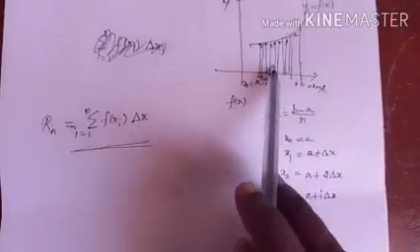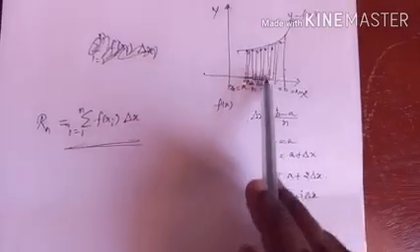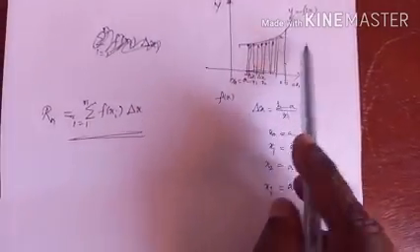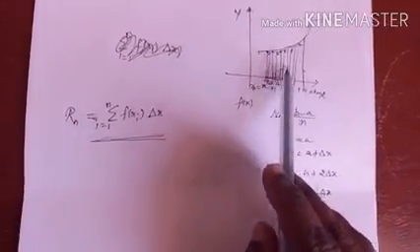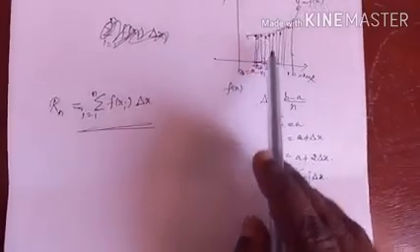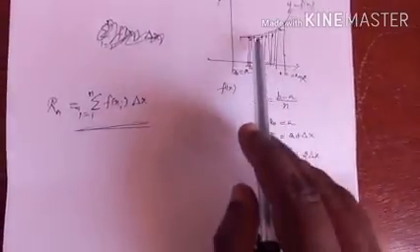I already told you that if the number of rectangles is more, then we get a better approximation, right? The area will be better than having few rectangles in the region.